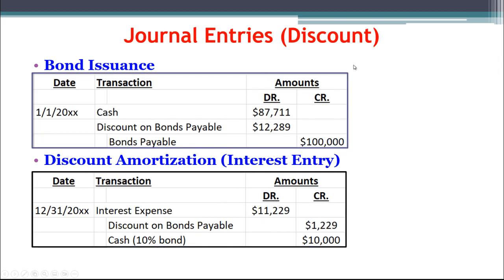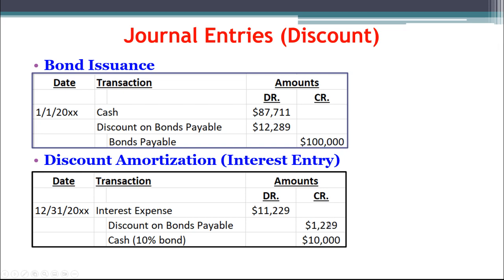Now let's take a look at the discount. We started with a discount on the debit side, and then our cash was less than the bonds payable amount. When we do the interest expense entry, we're still crediting the same amount of cash. That didn't change. It's still 10%. But now, since we started with a discount on the debit side, the interest entry has to credit the discount, again, for 1/10 or 10% of that original amount to spread it out over 10 years.